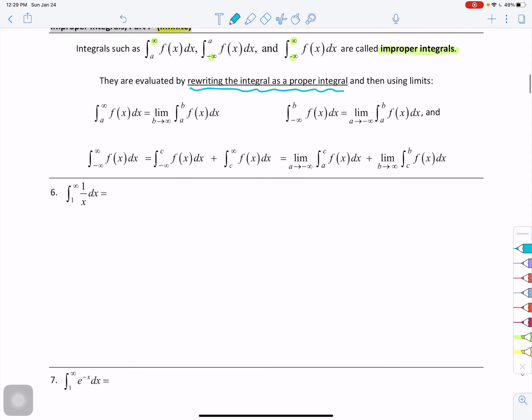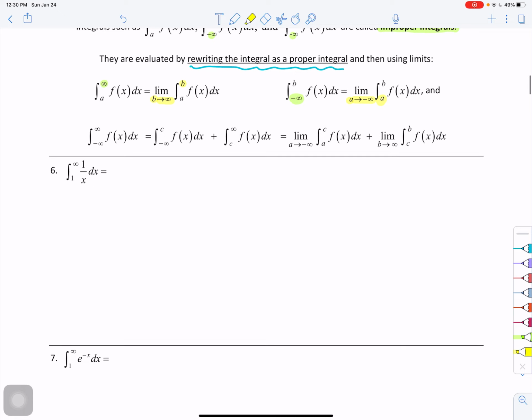Let's take a look. If we have our upper limit as infinity, we will introduce b and place b as our upper limit instead of infinity, and then we will approach infinity with b. Likewise, if we have negative infinity as our lower limit, we will introduce a, which is what we usually use for the lower limit if it's not a value, and we will place a as the lower limit and approach negative infinity.